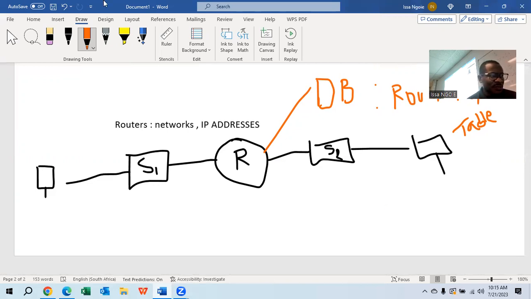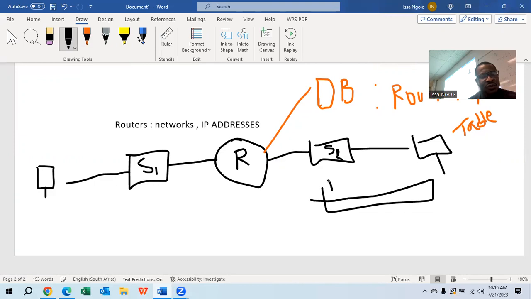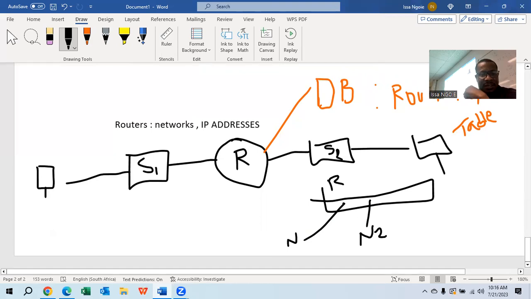This is your router. For every port, you can connect a network, because routers connect networks. For every network I can connect a switch, and every network has its own IPs. Is it clear?